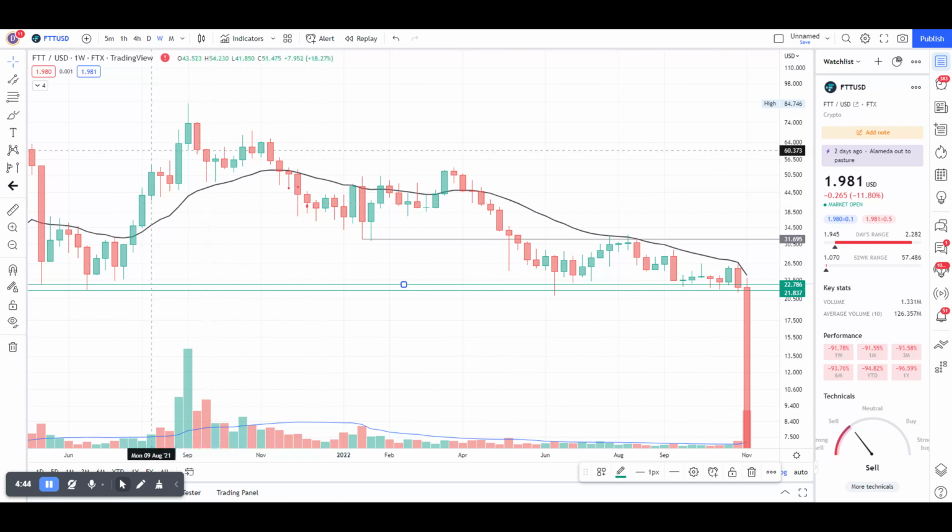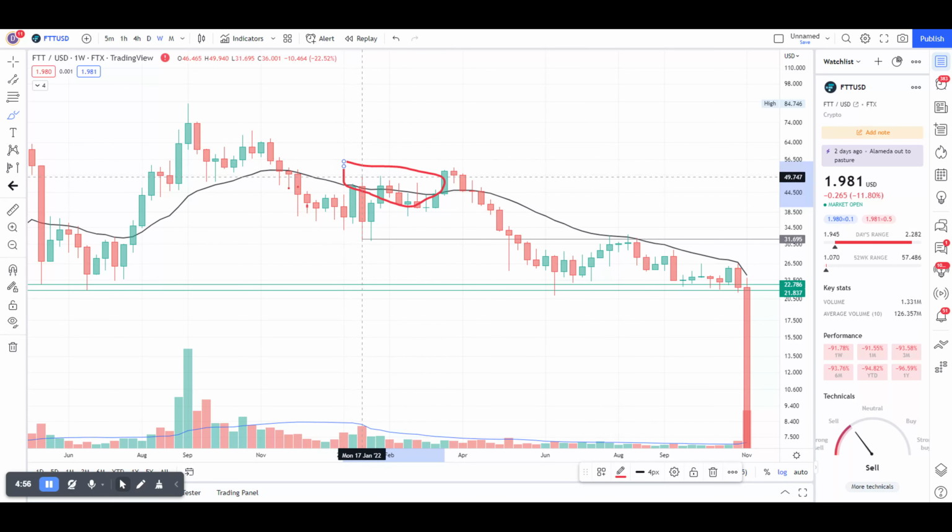Okay. And then we have a few attempts to go above the 20 EMA, but look at all these wicks. Okay, all these wicks. These are traps. These are trapping the bulls. People that saw the bar here went up, and then basically were trapped and the weekly candle closed below.